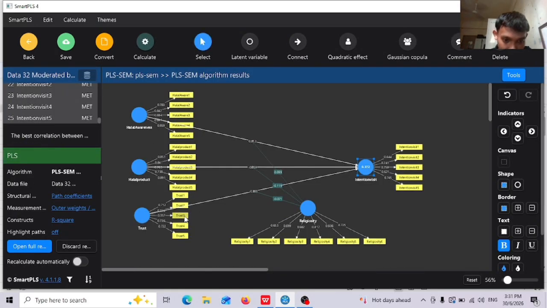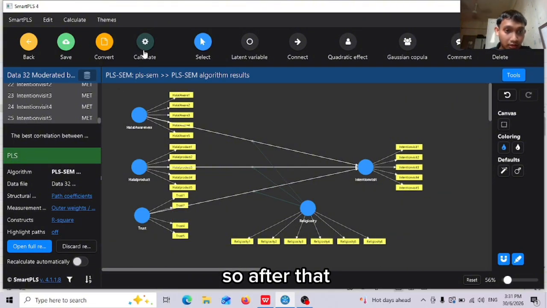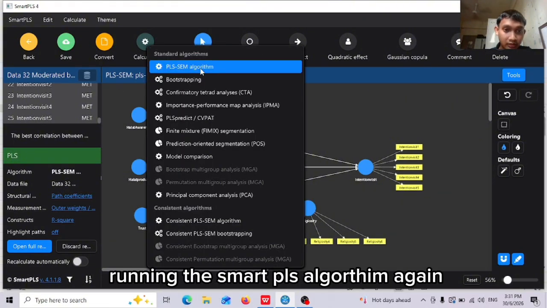Select trust 3, delete the indicator, and run the SmartPLS algorithm again.